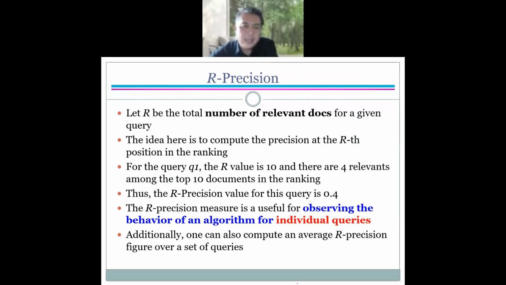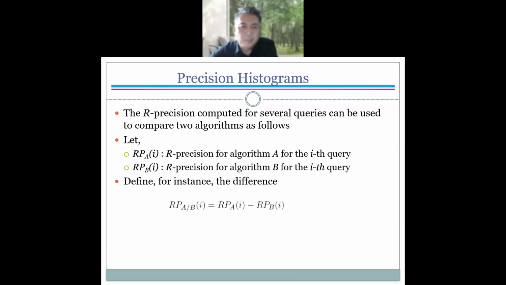Okay, so this is another view on how we look at the quality of the information system. We are looking at the R precision here, similar to what we have at the single value summary, but this one is more on the R precision.